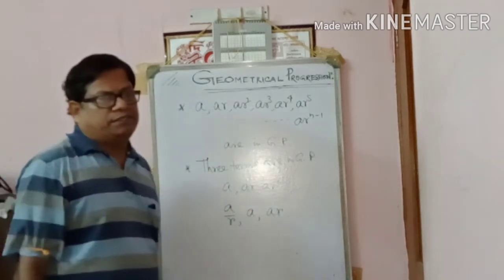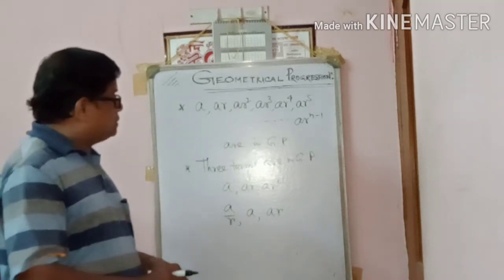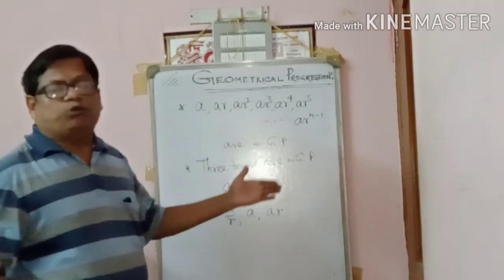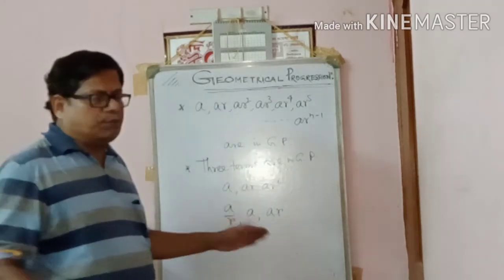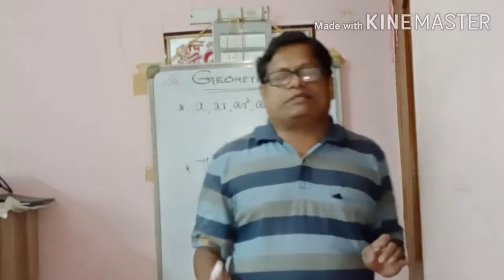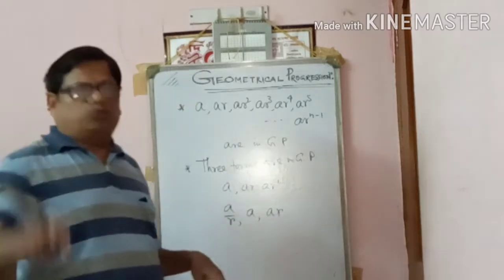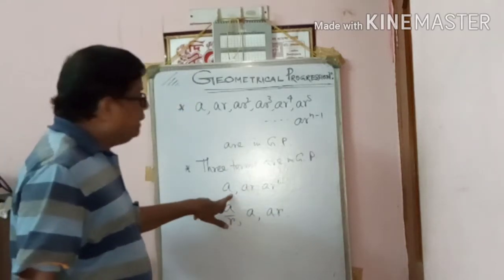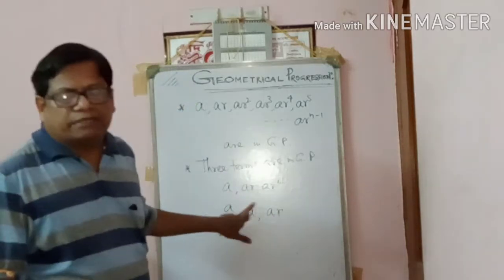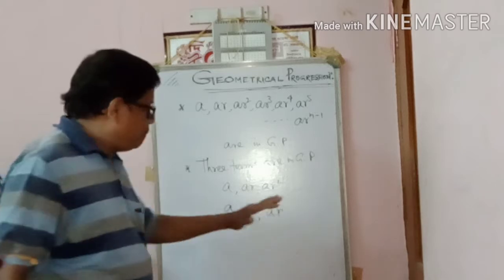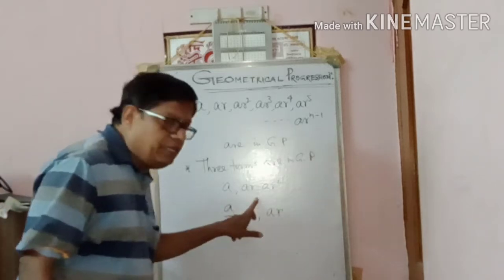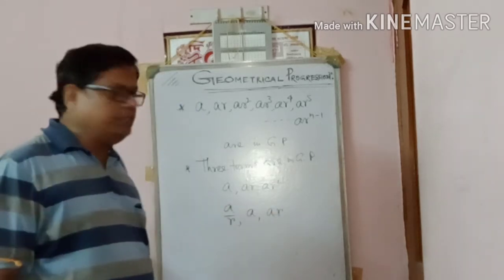Anyone you can write, no problem is there, okay? So according to the sum, suppose the sum of the three terms is given or the product of the three terms is given, then you can apply anyone. You can write either A, AR, AR square or A by R, A, AR.